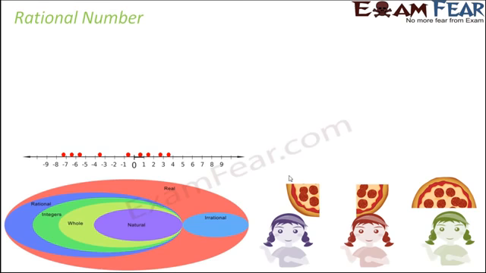Let's suppose these are persons A, B and C. Lady A got 1/4 of the pizza, lady B got 1/4 of the pizza and lady C got 2/4 of the pizza. Right? Assuming there were 4 portions, 1 portion to lady A, 1 portion to lady B and 2 portions to lady C.